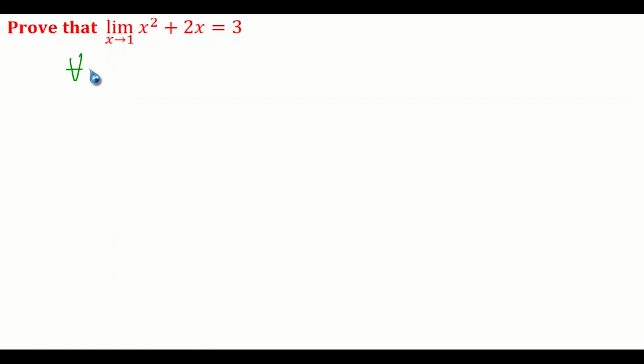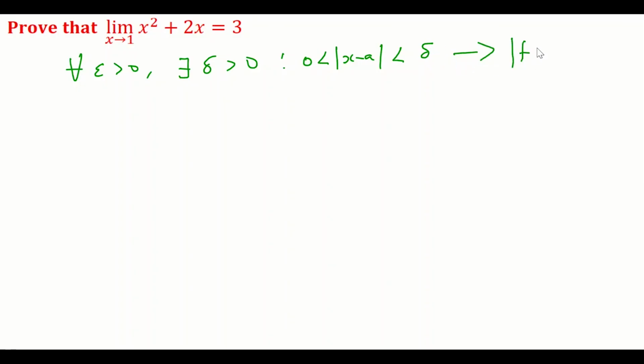For every epsilon greater than 0, there exists delta that is also greater than 0, such that the closeness to the given point a, written as this, is greater than 0 but less than delta, written as this, it follows that the absolute value of f of x minus L is less than epsilon.